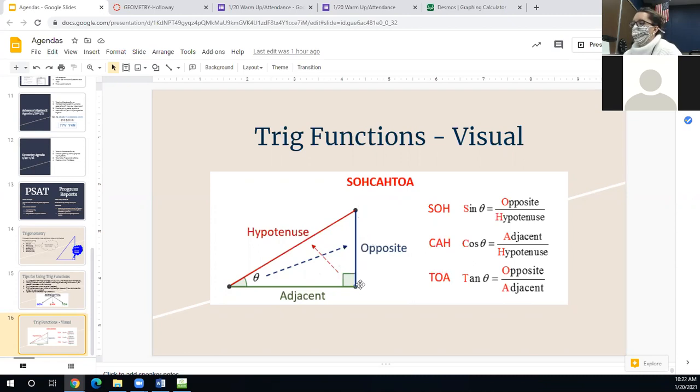You can kind of see it with the colors here. If you're always starting at the angle that they give, here's theta, then the opposite value is going to be the opposite leg length here. And the adjacent value is going to be the leg that it shares the angle with. So it's right next door. I like to think adjacent, like your next door neighbor is adjacent to you, right? It's next door. So the adjacent side is your next door neighbor.